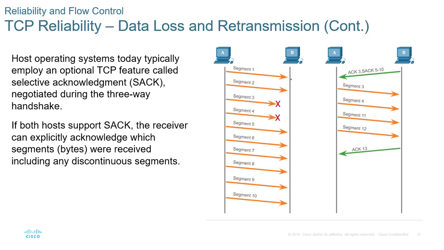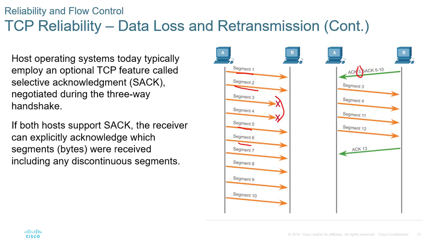We see the same process of segments 1 and 2 being sent from computer A successfully, and then 3 and 4 getting dropped along the way, and successful receipt of segments 5 through 10 as well. And what computer B will do is, after a timeout period while it's waiting to get all the packets, it's picking them up, and it will identify that segments 3 and 4 have not been received.